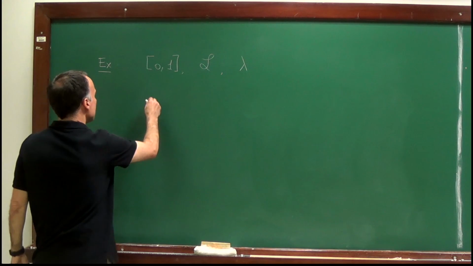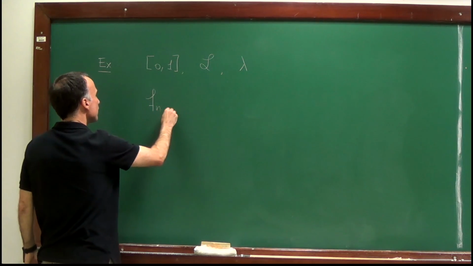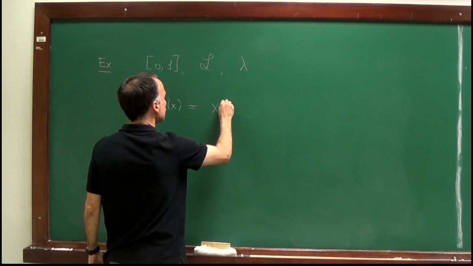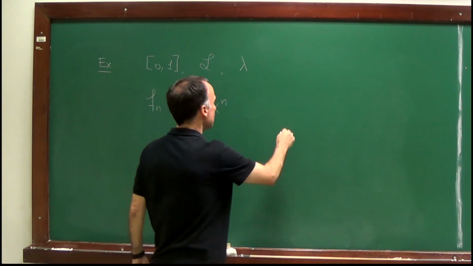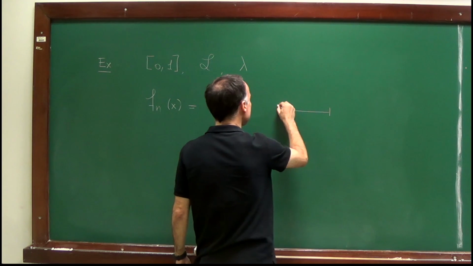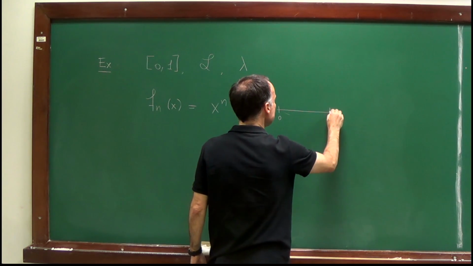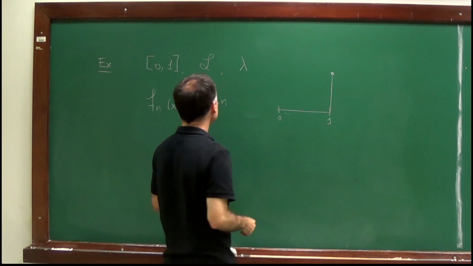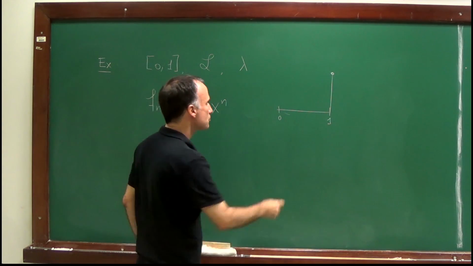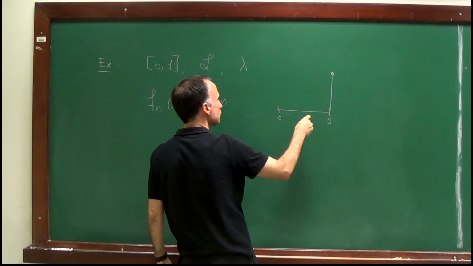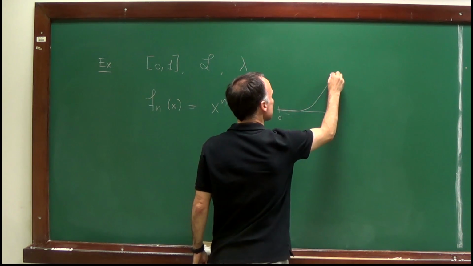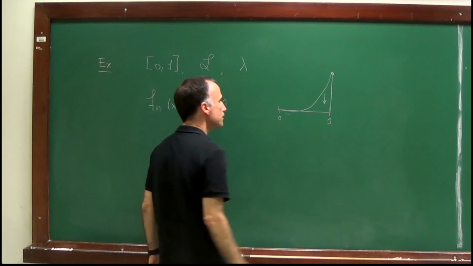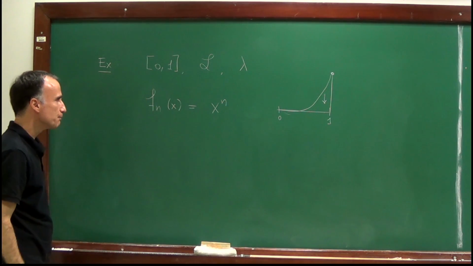So now let me consider the following functions. f_n of x is equal to x to the power n. So let me draw here the graph of this function. At 1 it's always equal to 1, and for any x smaller than 1, this sequence is converging to 0, so it typically looks like that, and this sequence is converging to 0 as n goes to infinity.